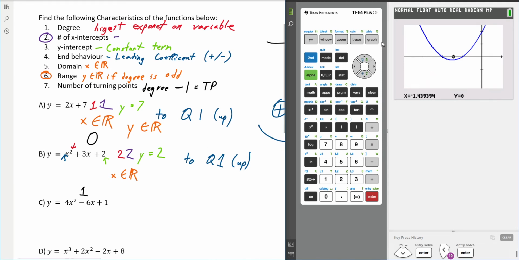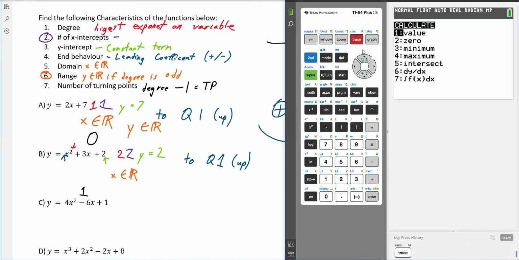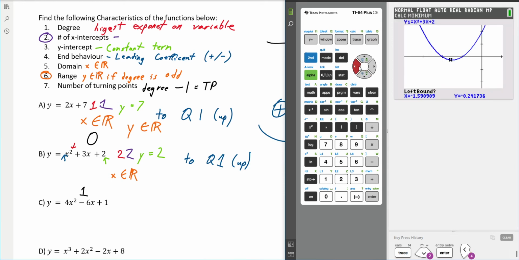Okay, the range is a little bit more challenging. We need to find the minimum here because it goes up from there. So second function calc, we're going to find the minimum, which is giving us the vertex here along the bottom. Enter, enter, and then we're going to kind of guess.